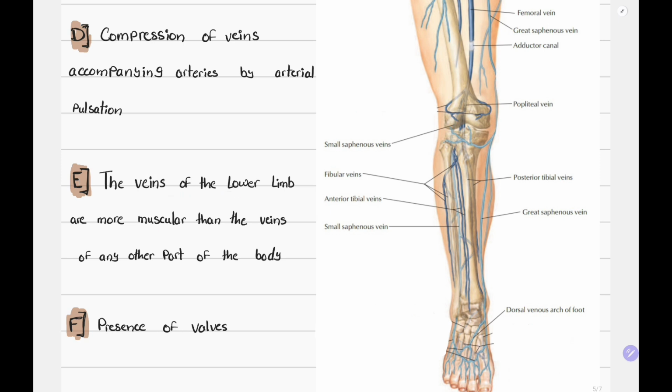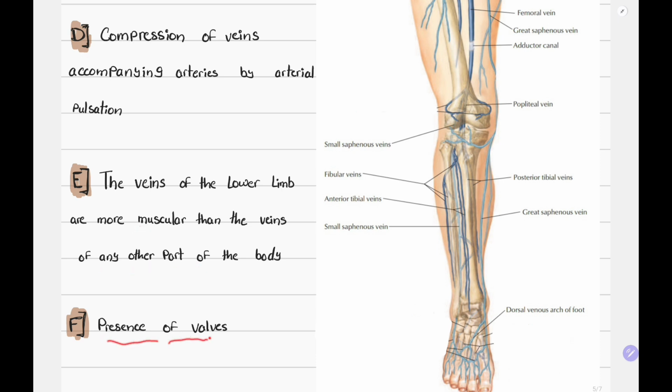This is because the veins of the lower limb have to work more to push the blood back to the heart because of gravity. The veins have to work against gravity to push the blood back to the heart. That is why they are more muscular than any other part of the body.